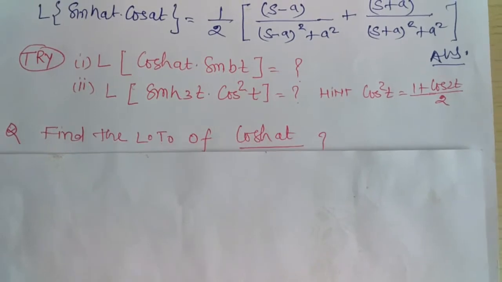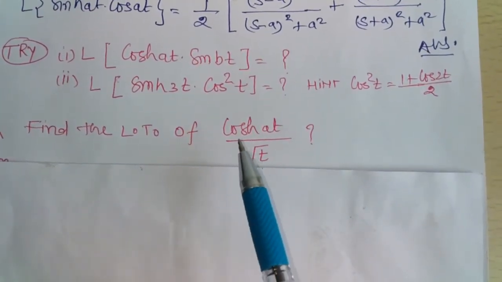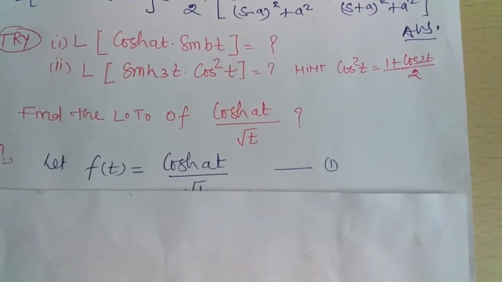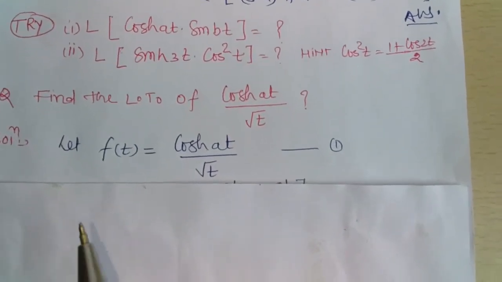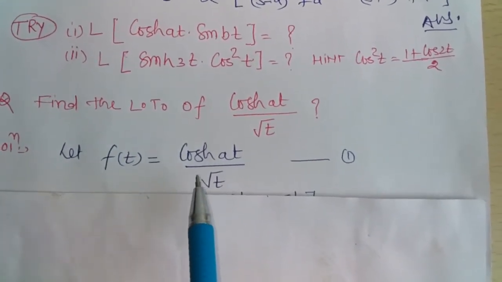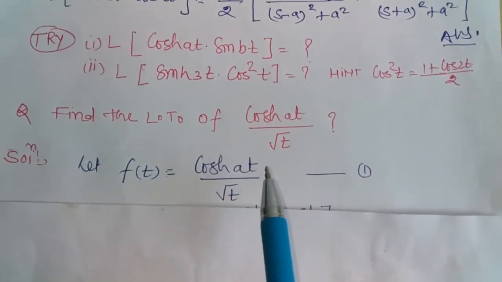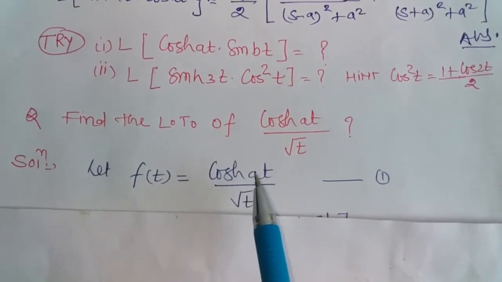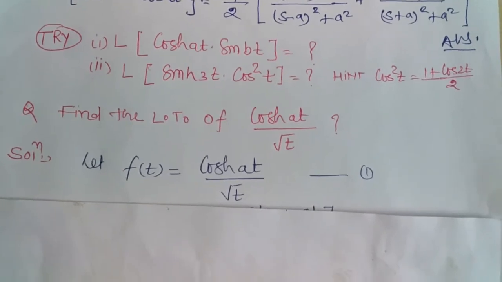Next question is, find the Laplace transform of hyperbolic cos at upon root t. So let the given function be f(t), that is f(t) is hyperbolic cos at upon root t, and as we know the hyperbolic cos at is e raised to at plus e raised to minus at by 2.